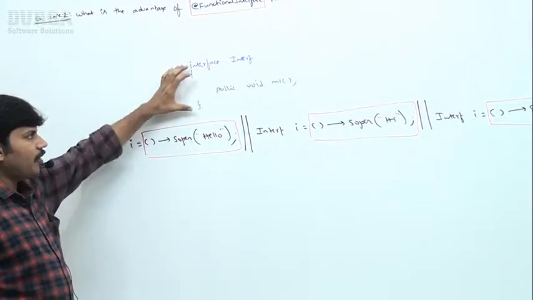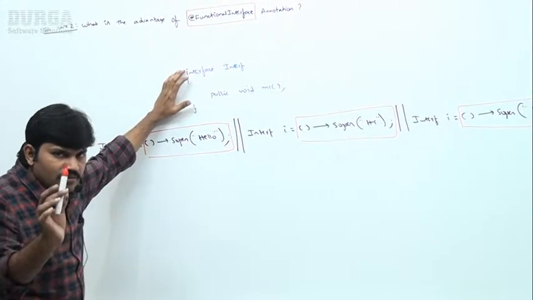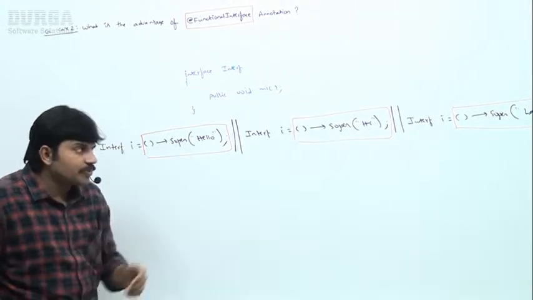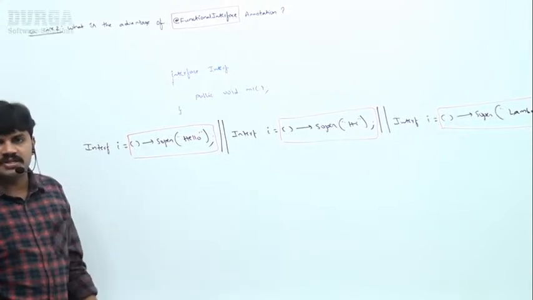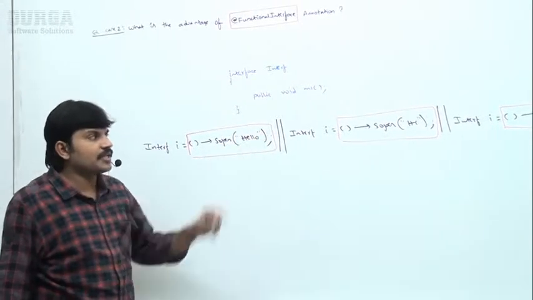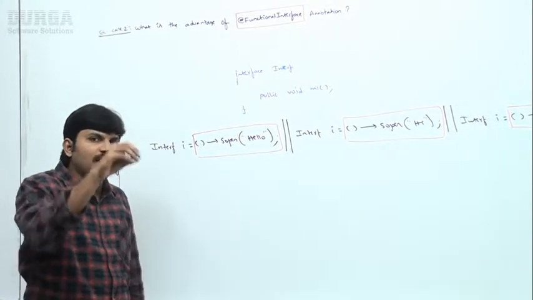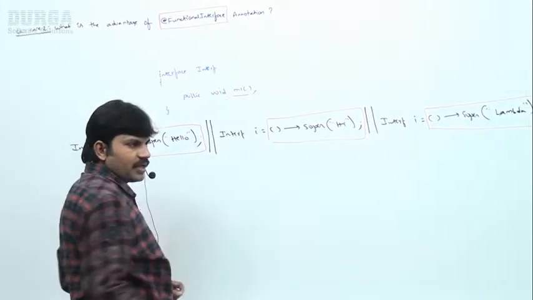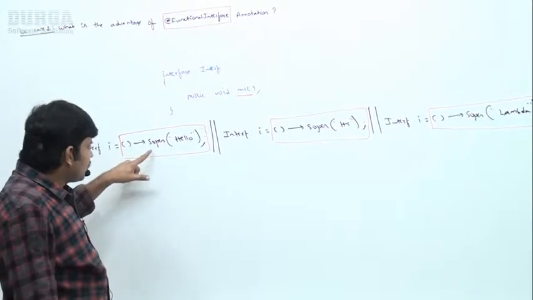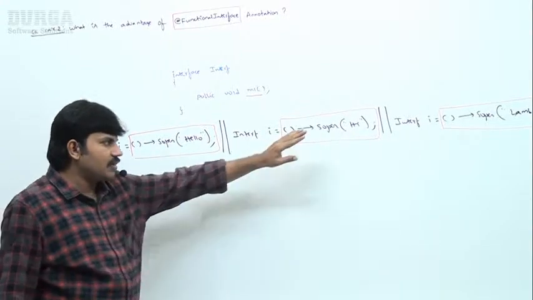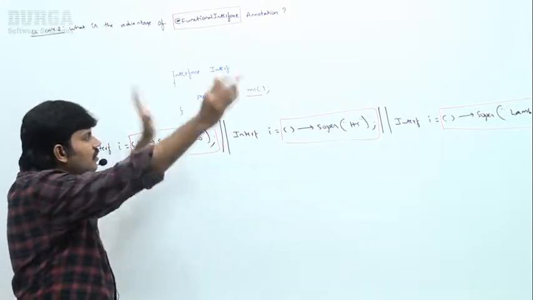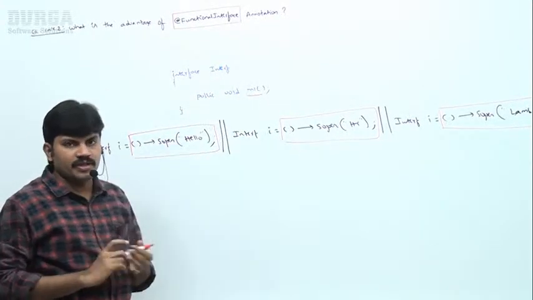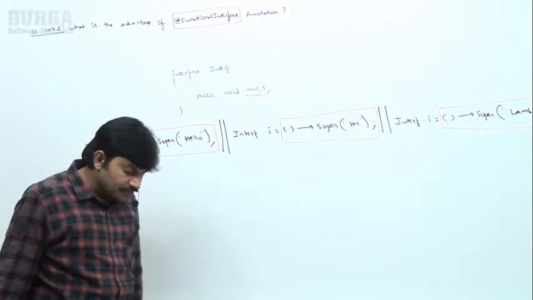How many functional interfaces are there? Only one. How many lambda expressions did I write? Multiple. But all of them internally map to which method? The m1 method only. Clear for all of you, right?